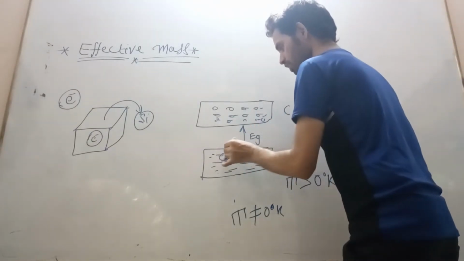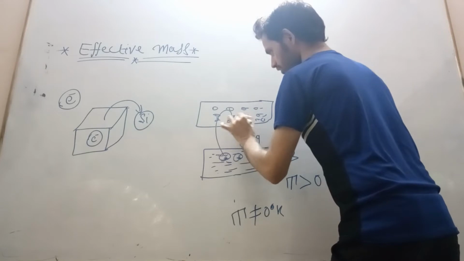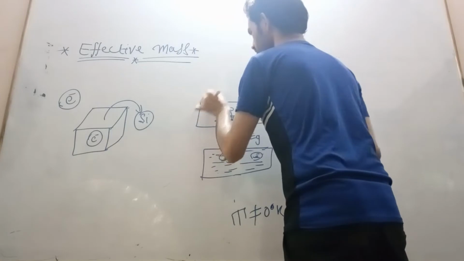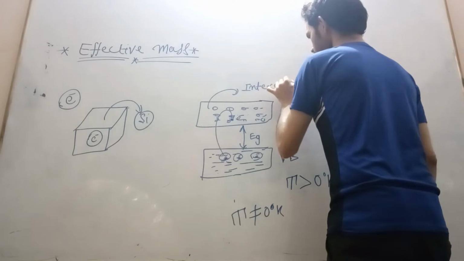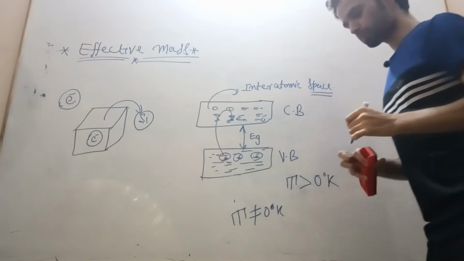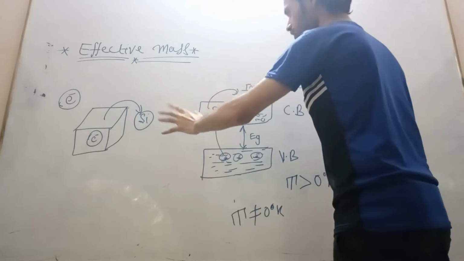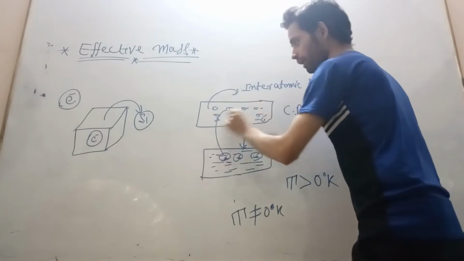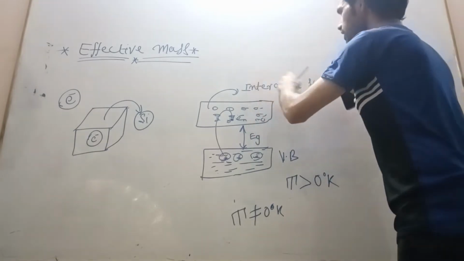The conduction band inside the crystal is the interatomic space. Electron is free, though not totally free, only free inside the crystal. So we are talking about the movement of electrons inside the crystal, in the conduction band, within the interatomic space.